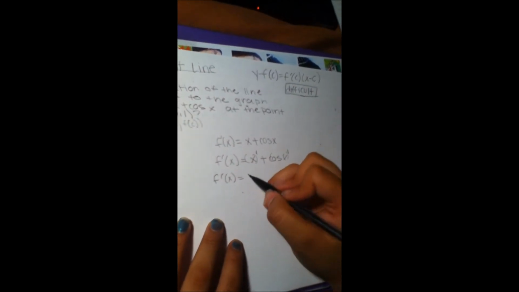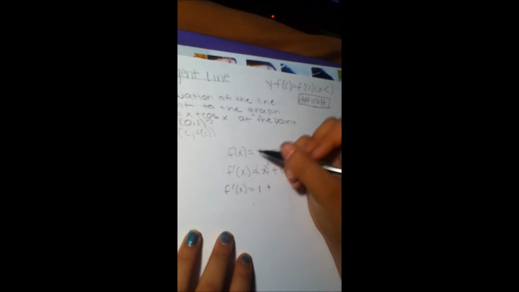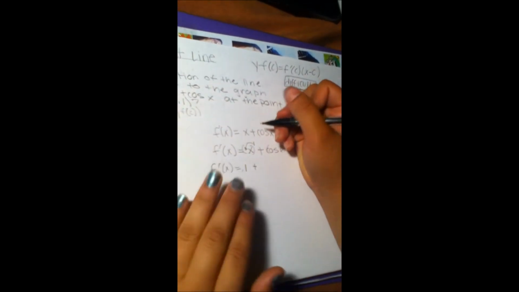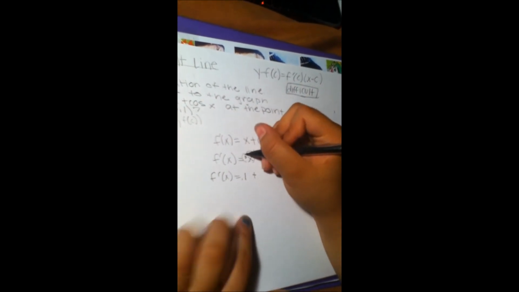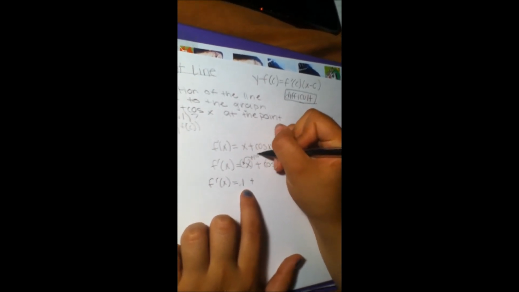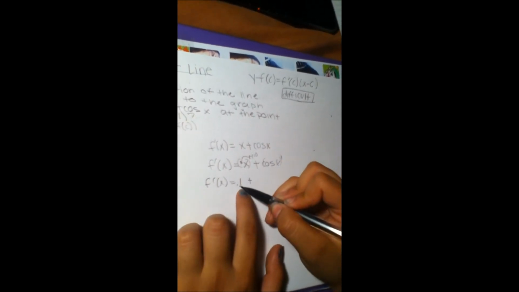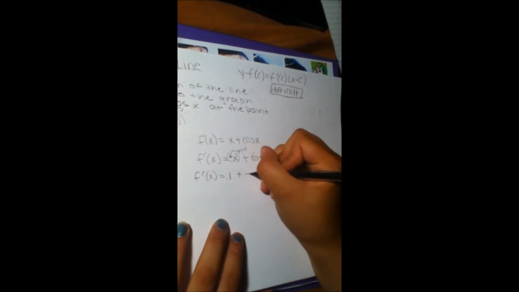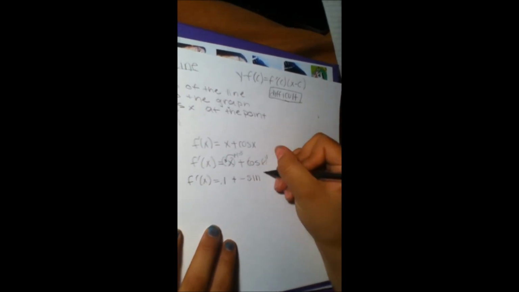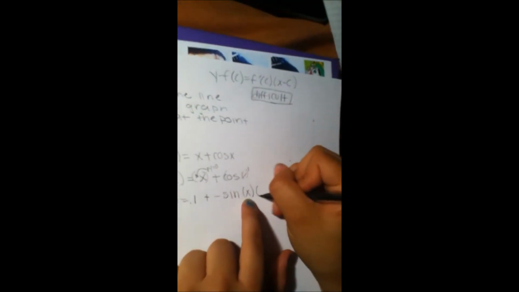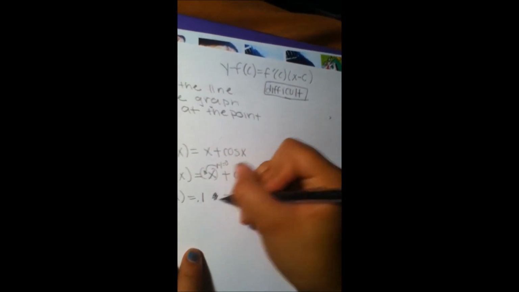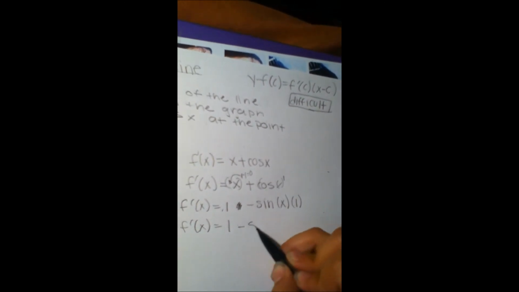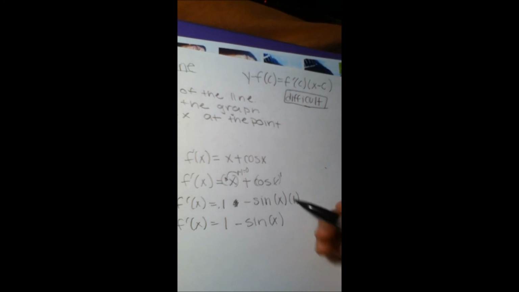The derivative of x equals 1, because 1 times x to the exponent 1 minus 1 equals 0, which leads to 1. Plus cosine, the derivative of cosine is minus sine of x, and the derivative of the inside is 1. So 1 minus sine of x is the derivative.